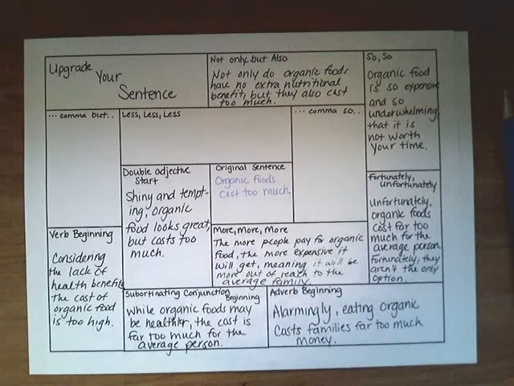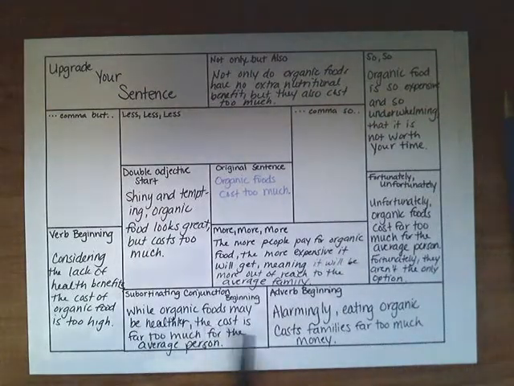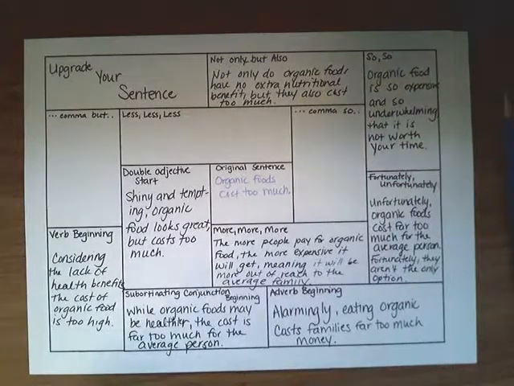From there, I went down to the subordinating conjunction. These are those awubis sentences. So if you start with "while," if you start with "because," if you start with "when," there are others, so if you need help with that, just let me know. This one says, "While organic foods may be healthier, the cost is far too much for the average person."